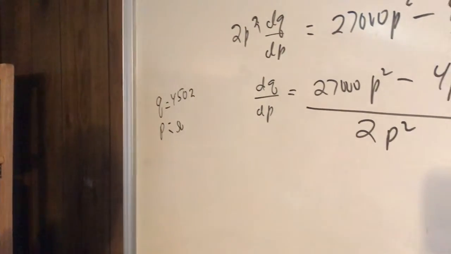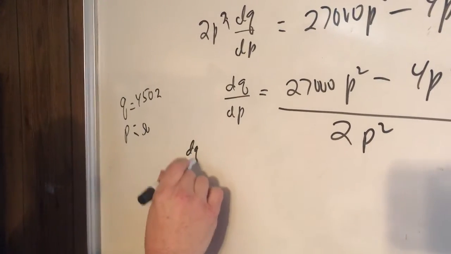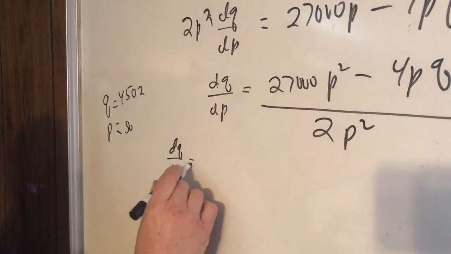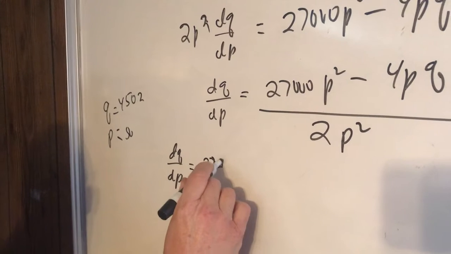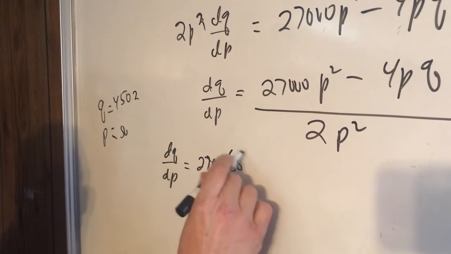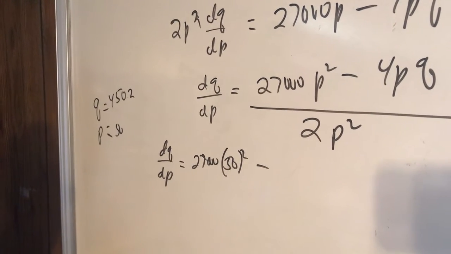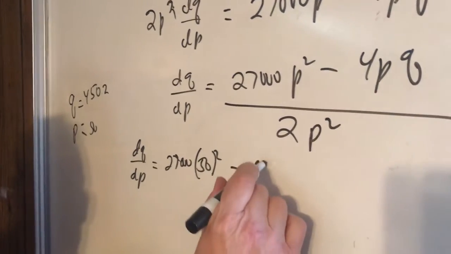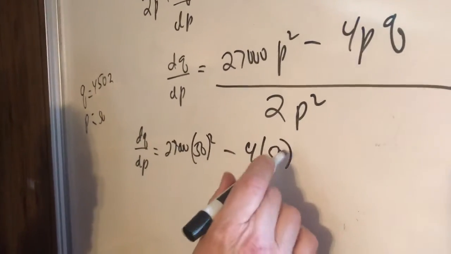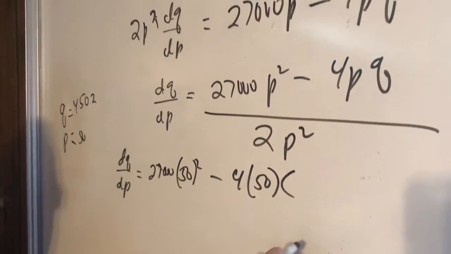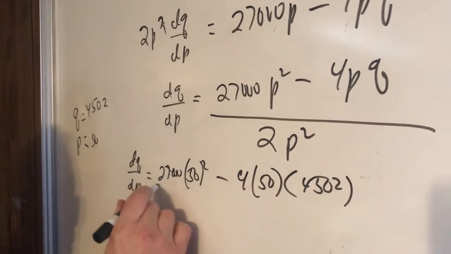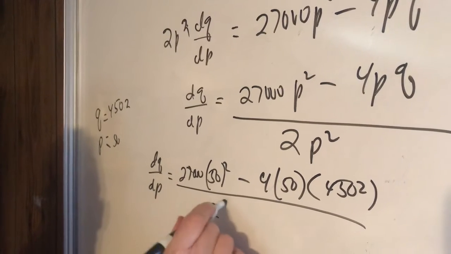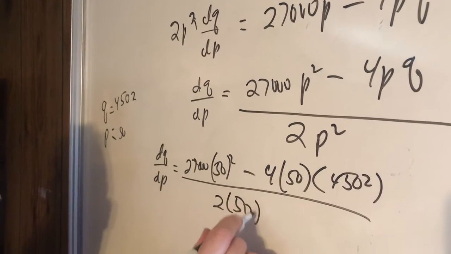So in order to find dq/dp, I have to substitute: 27,000 times 50 squared, minus 4 times 50 times q, 4502, over 2 times 50 squared.